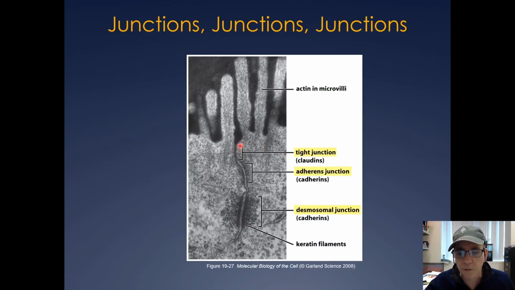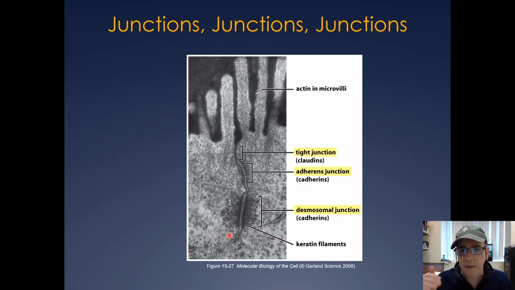And once again, this is really to emphasize the hierarchy that I was explaining before, where you have your tight junctions on top, and then your adherens junctions. These are going to have actin attachments, and then your desmosomal junctions, which are going to have intermediate filaments or keratin attached to them.